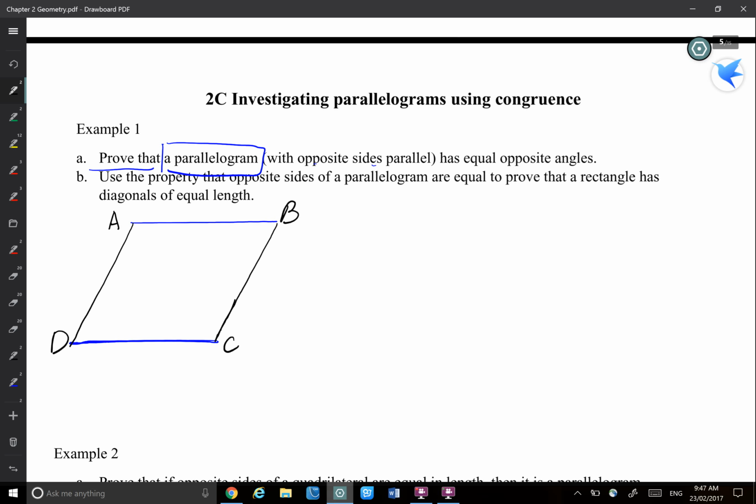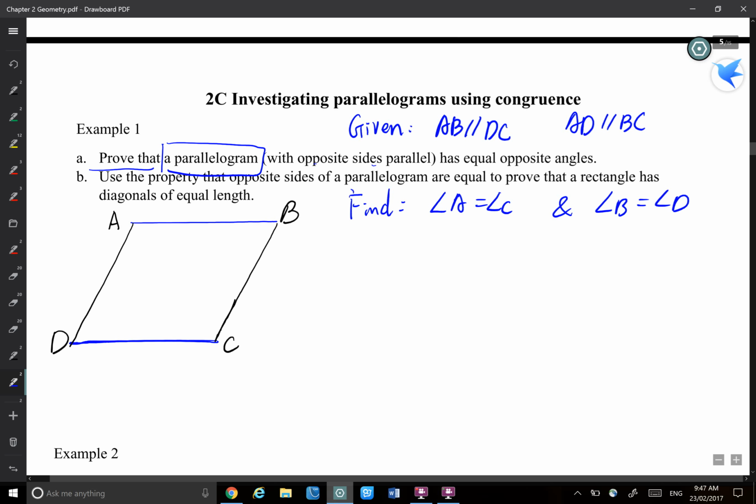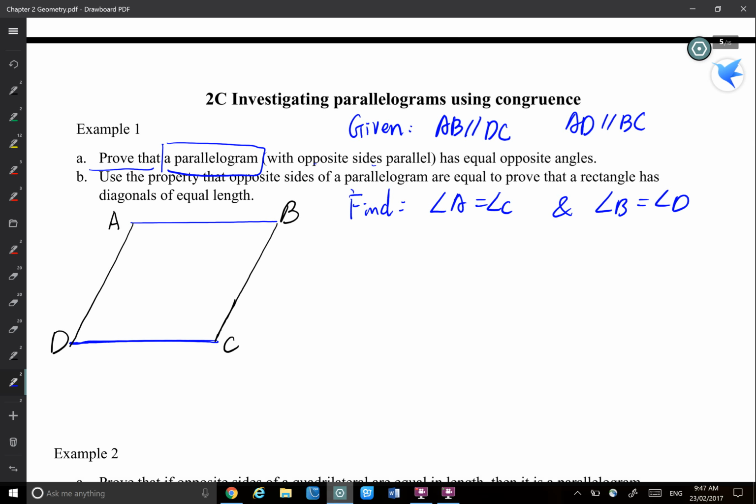So what we know, let's say, given AB parallel to DC and AD parallel to BC. What I'm trying to find is angle A equals angle C and angle B equals angle D. You're trying to find those two pairs of angles are equal.